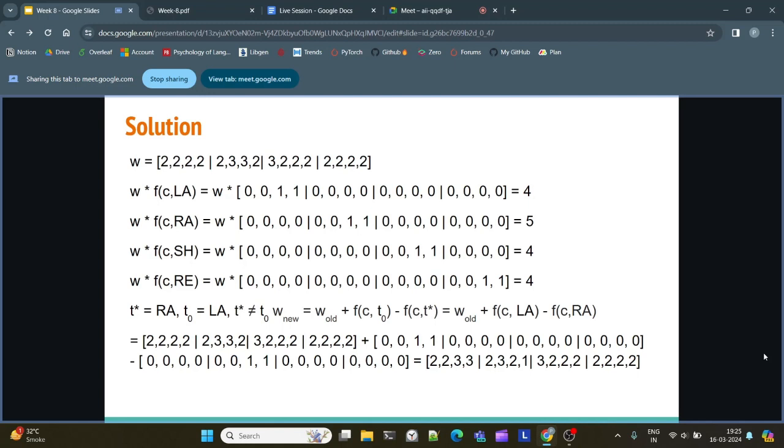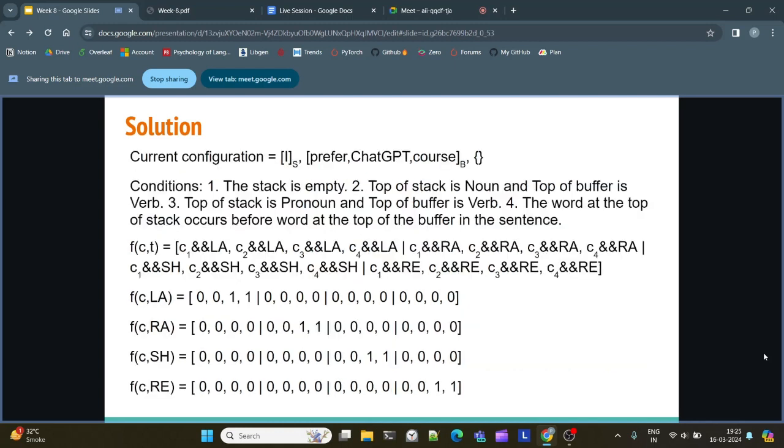So this will always happen, right? Whenever we calculate the feature vectors for all these four operations, they will be similar to each other, right? Like 0, 0, 1, 1 for left arm, right arm, shift and reverse. So they will always be the same. That's how we have designed the feature.